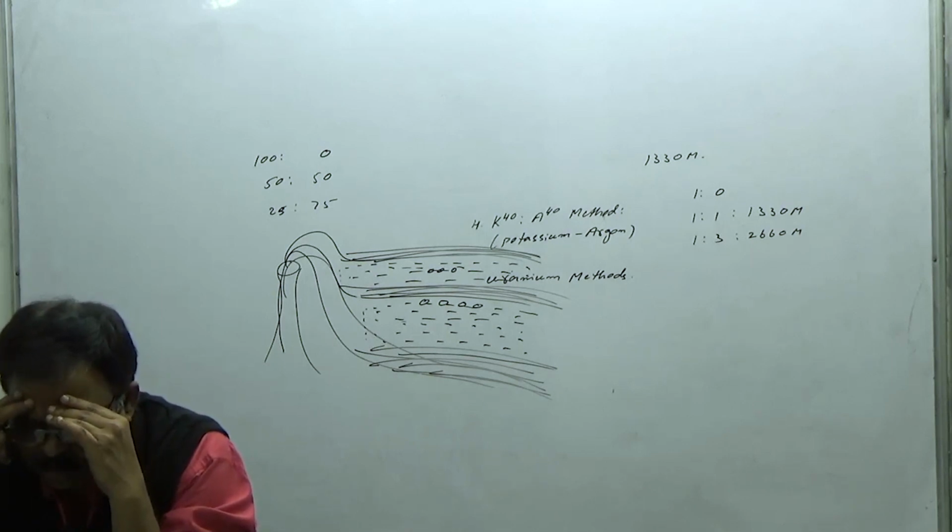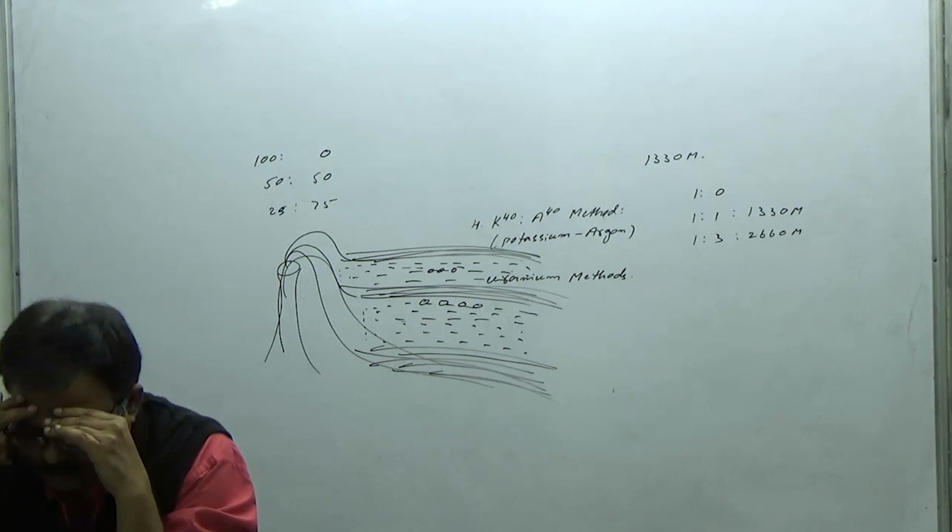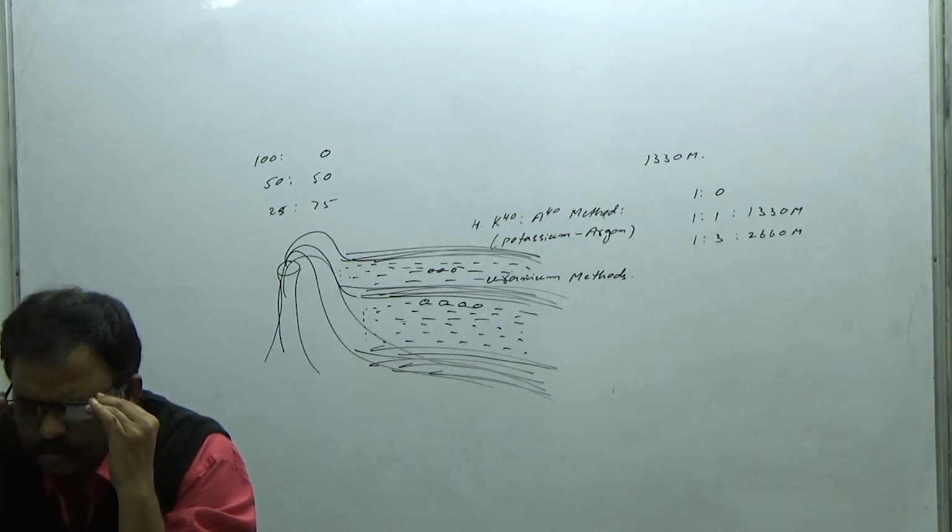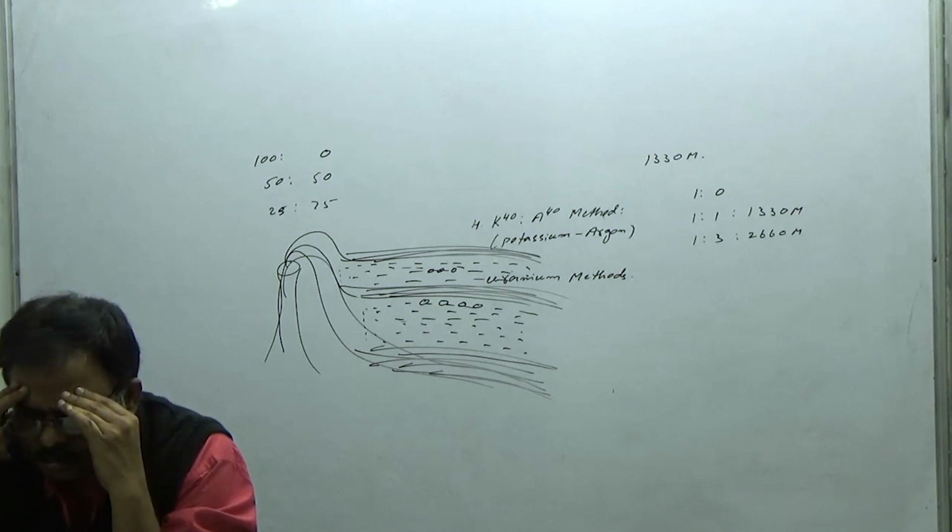In lava, argon is totally absent, but potassium is present abundantly.